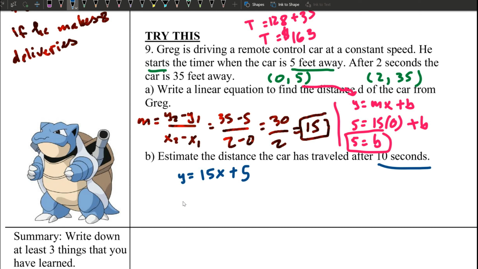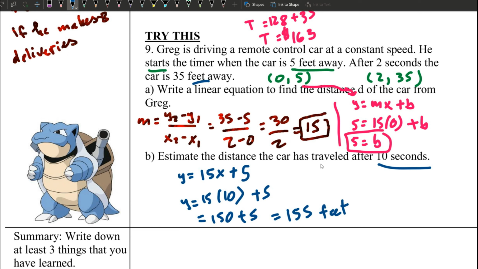They ask you after 10 seconds, you're going to plug it in. 15 times 10. That will be 150 plus 5 is 155. 155 what? 155 feet. Okay, PQA, estimate the distance the car travels after 10 seconds.